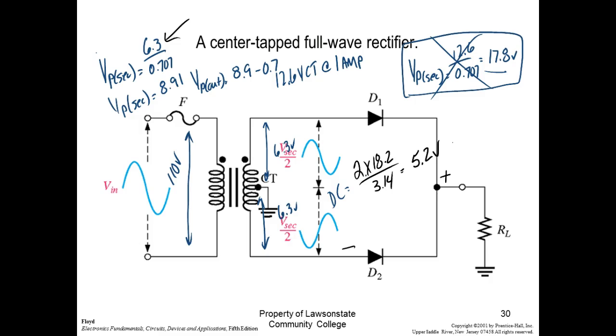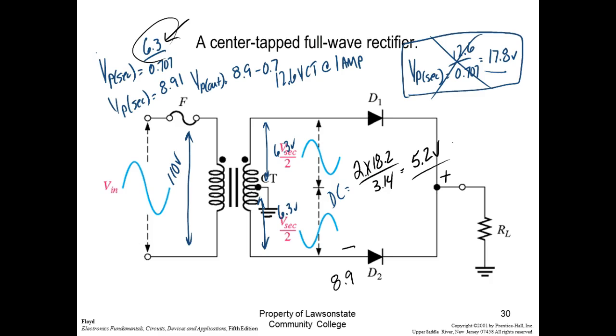So if we calculated VP to be, what did we calculate? 8.9 volts. And over here we have 5.2. That diode is literally blocking 8.9 plus 5.2, so it's blocking 13 volts. So the rule of thumb is just peak to peak, or twice this.